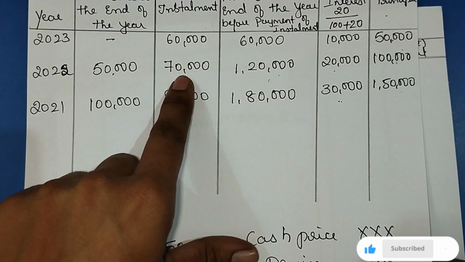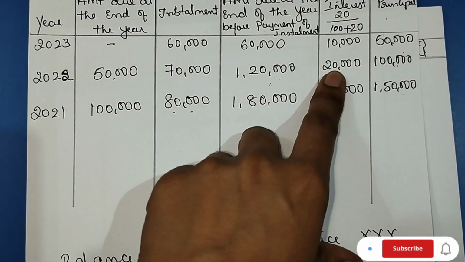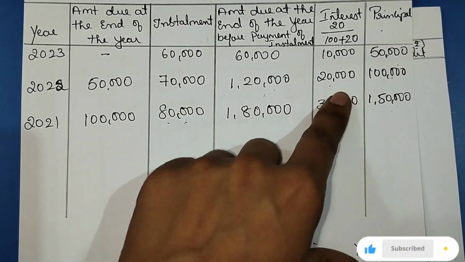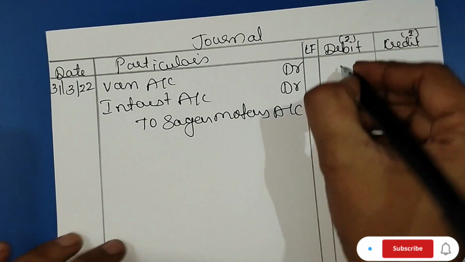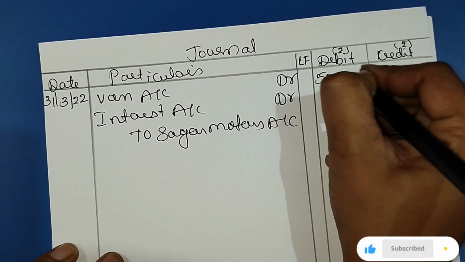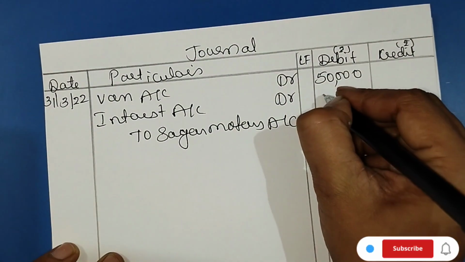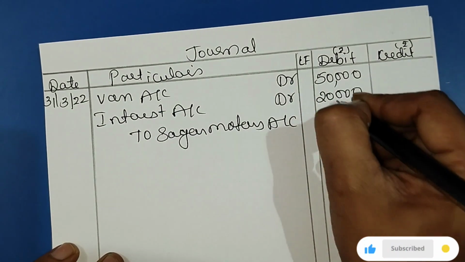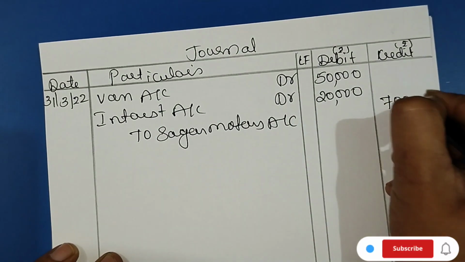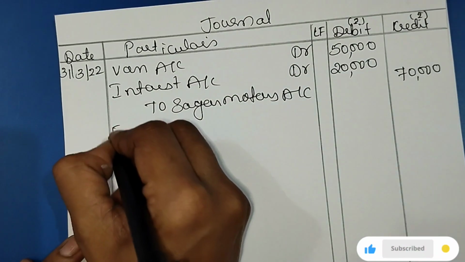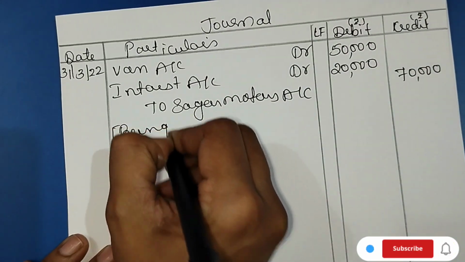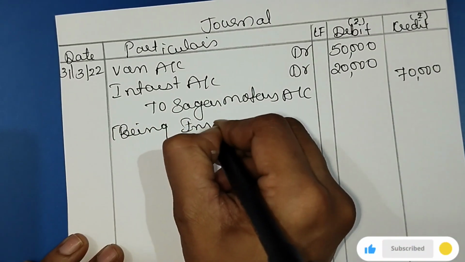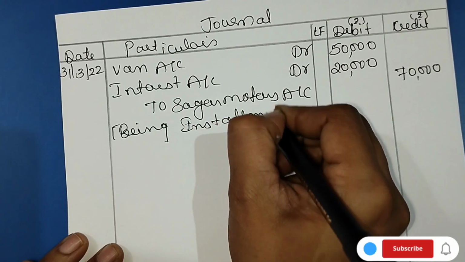Now what is the amount? Second year 70,000 includes 20,000 interest also. 70 minus 20, 50,000. Interest is 20,000. Total installment is 70,000. Being installment due.